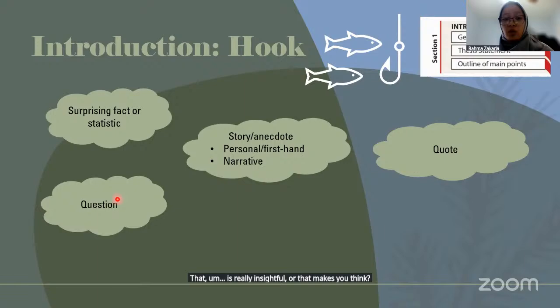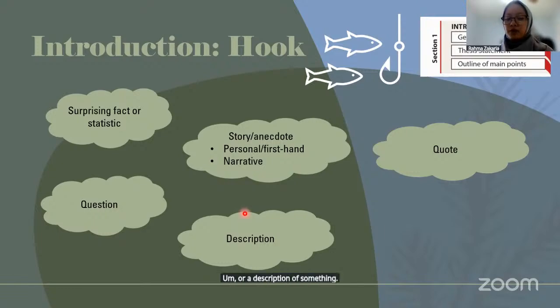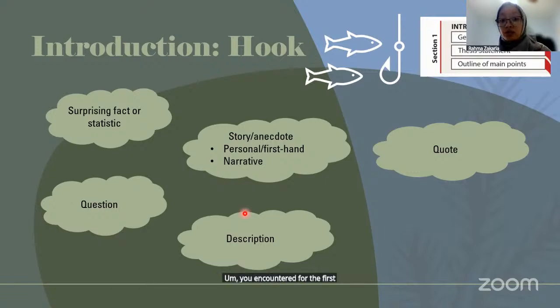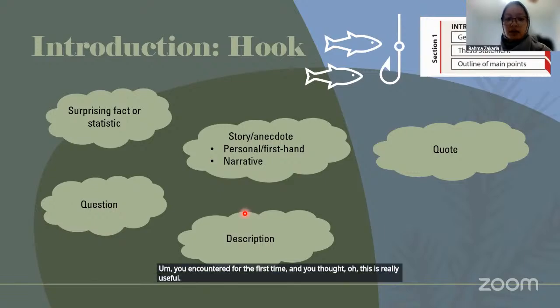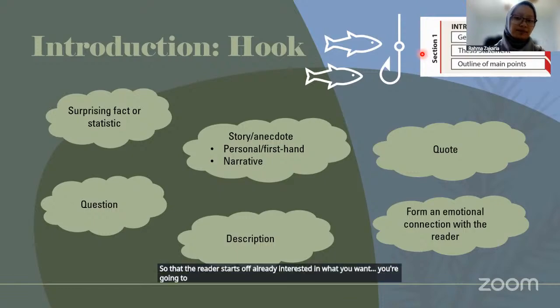Maybe you'll start off with a question that can really grab the reader's attention, or a description of something, for example, of a type of technology that you encountered for the first time and you thought, oh, this is really useful, I haven't thought about this before. So maybe that could be an example, or any other ways to form an emotional connection with the reader. So these are some ways of starting off your essay very strong so that the reader starts off already interested in what you're going to say next.